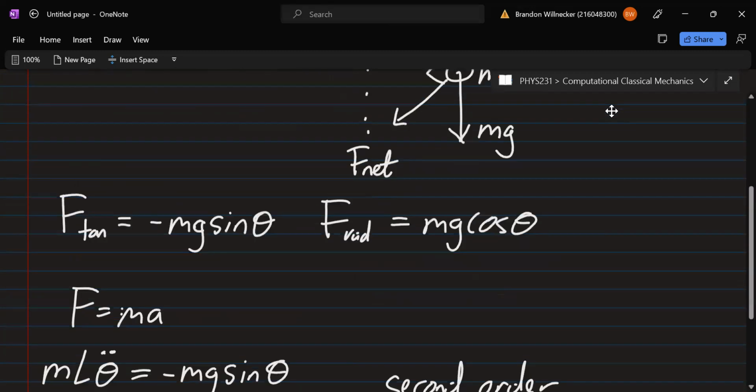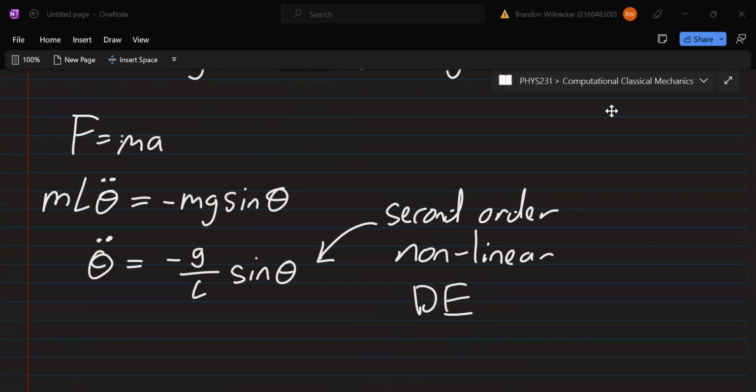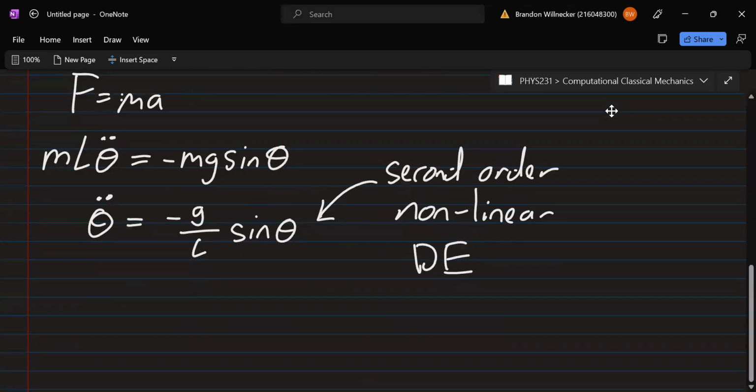And this other method that we've looked at now with the separation into two first order differential equations, that is also going to be difficult because of this nonlinear term. Okay, so this nonlinear term is making things very complicated for us. So we're going to resort to the computational method.